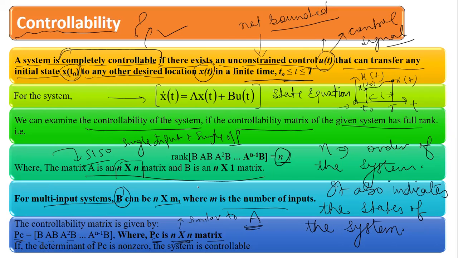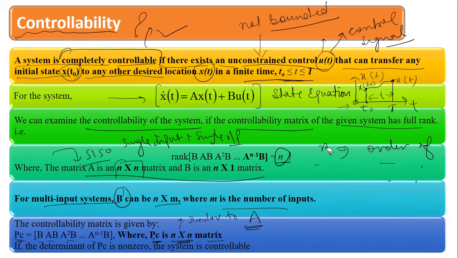So how will we identify whether the system is controllable or not controllable? Just by knowing the controllability matrix. The requirement is that the determinant of PC should be non-zero. If the determinant of PC is zero, the system is not controllable.